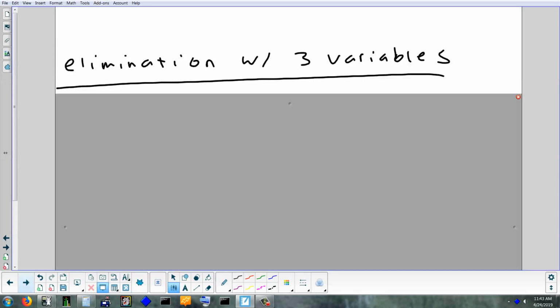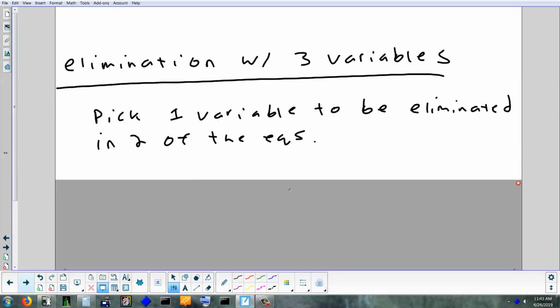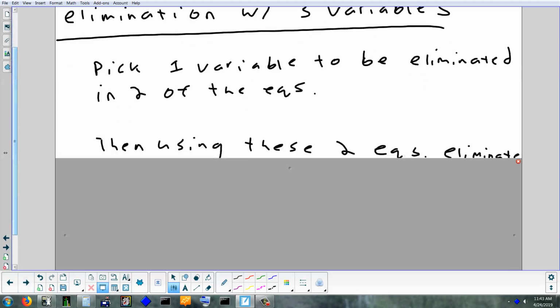Let's look at 3 variables. So with 3 variables, you've got a lot going on. You get a lot of choices about what you do first. The idea, though, is you break it down. You're going to focus on 2 out of the 3 equations, and just try to eliminate a variable in those 2. So you do that first.